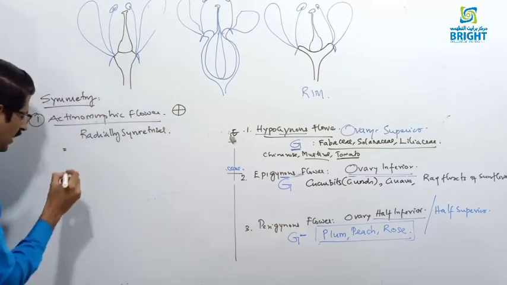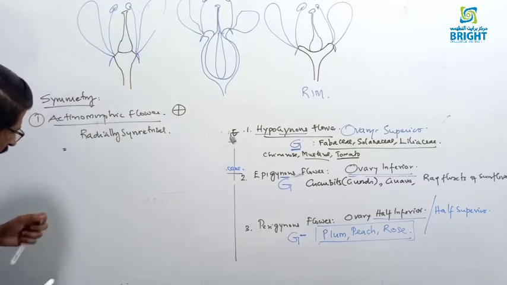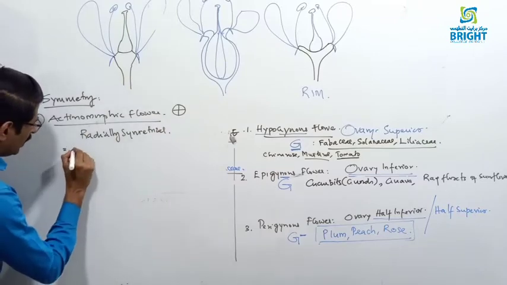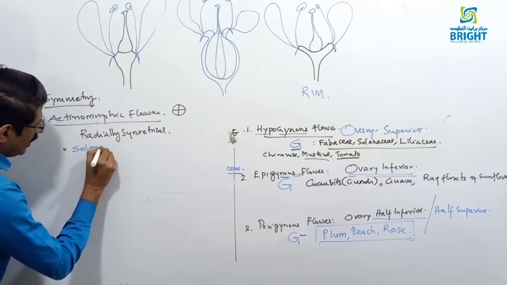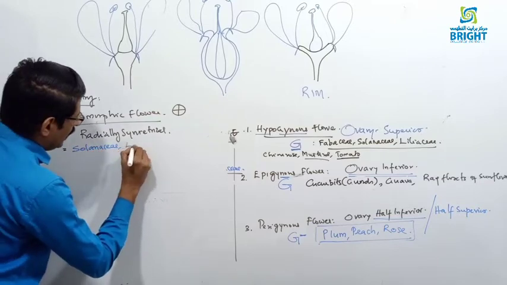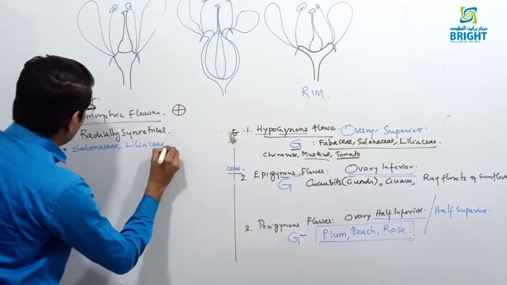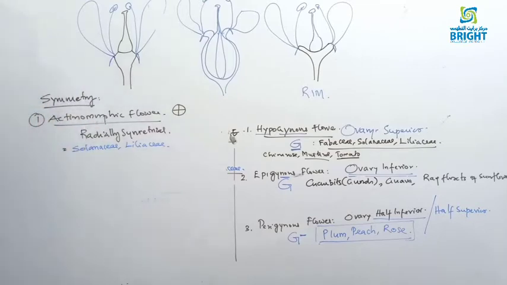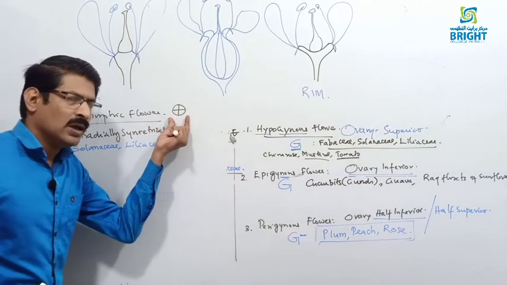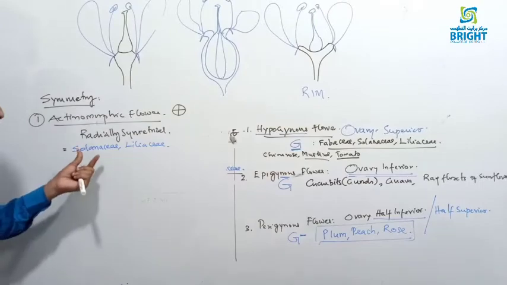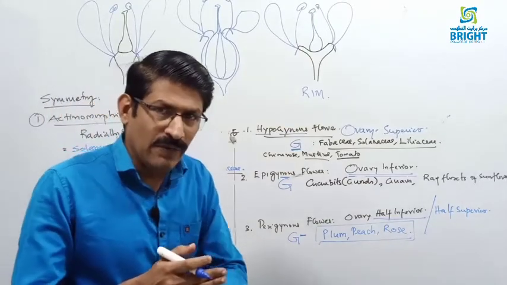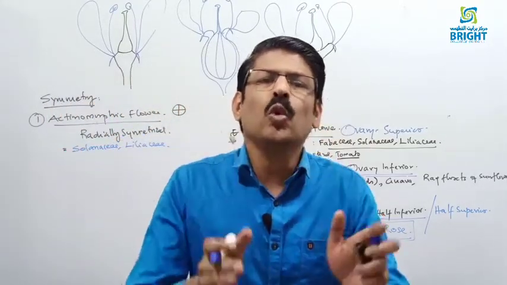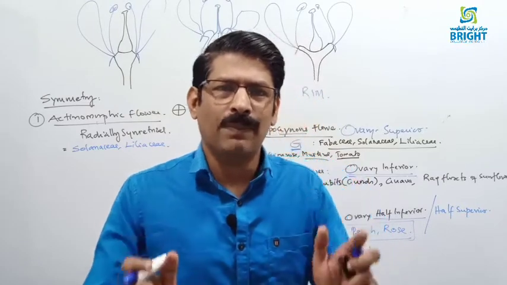And of the 3 families we are studying, the 2 families, Solanaceae and Liliaceae, are with actinomorphic flowers. So in their floral formula you can see this symbol, and the flower is radially symmetrical. The flower can be divided into 2 equal halves through any vertical radial plane.